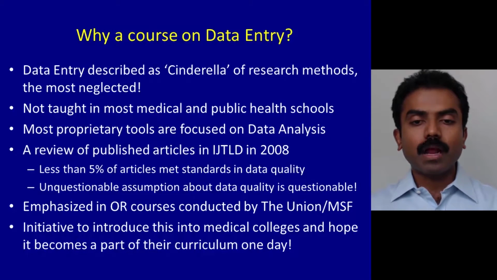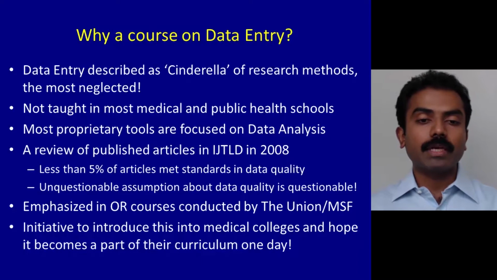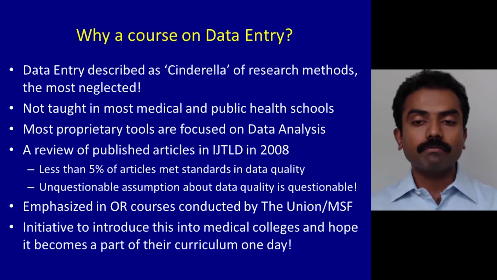There was an article published in the International Journal of Tuberculosis and Lung Disease. It reviewed all the published articles in 2008. And one of the findings was that less than 5% of the articles published met the highest standards in data quality.